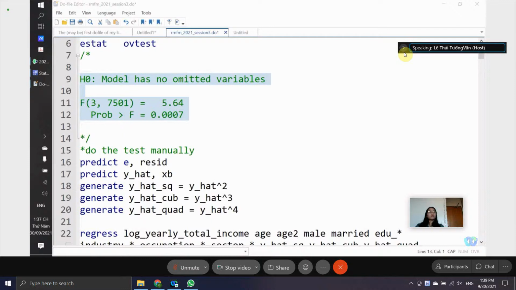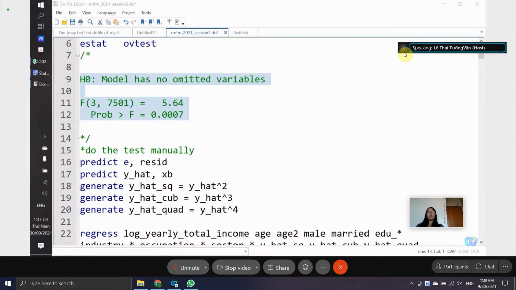Now, Long Duy, how should I interpret this test result? Hello. Yes. I'm sorry. You don't know how to interpret it. Yeah. That's too bad.